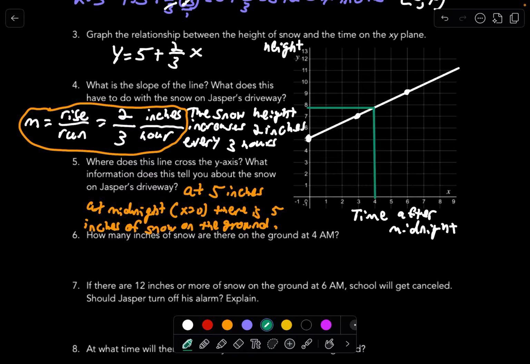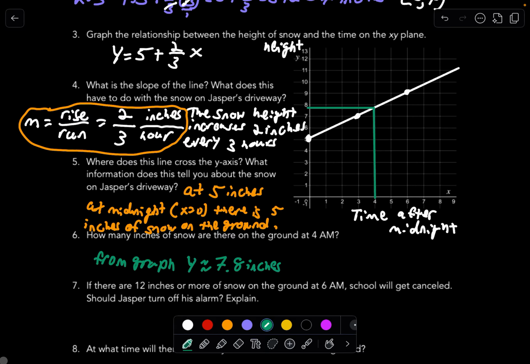All right, that's how you can, so from the graph, the height, y, is approximately 7.8 inches.